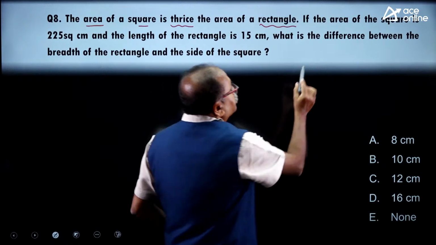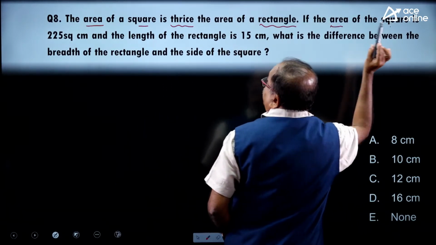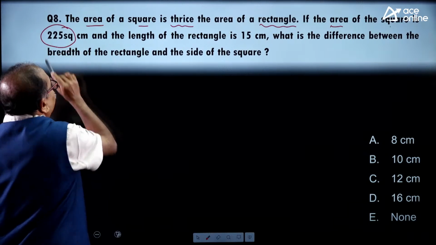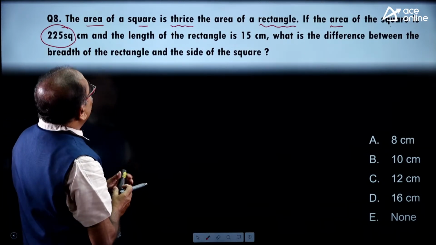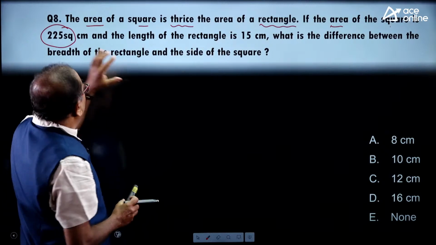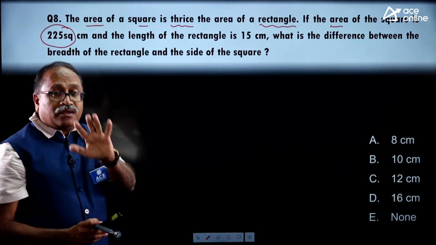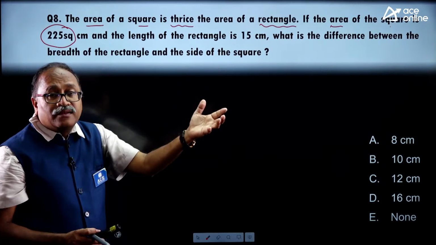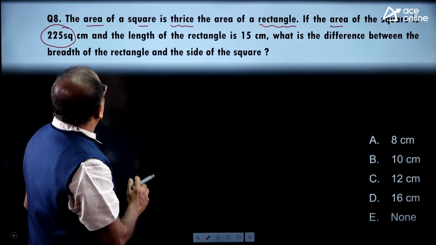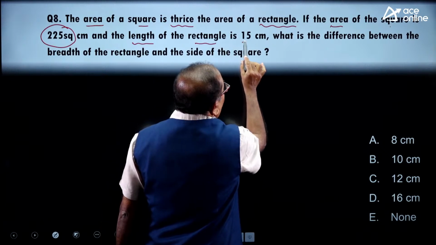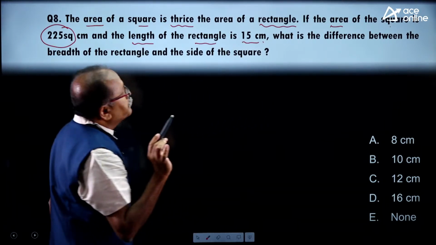The next one, if the area of the square is 225. So if the area of the square is given, I can get the area of the rectangle by dividing this by 3. Next it says the length of the rectangle is 15 centimeter.